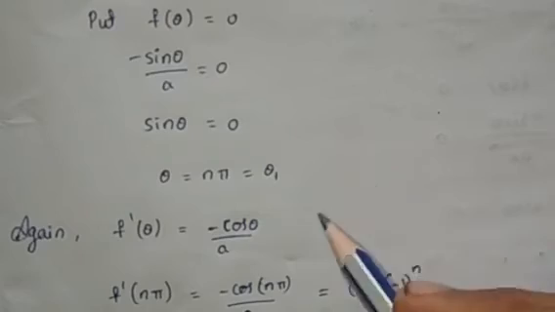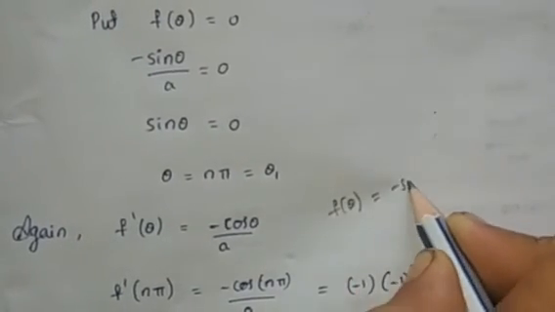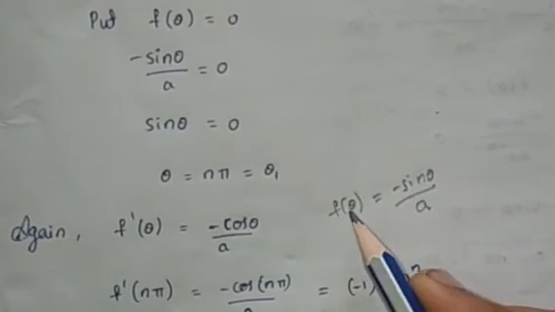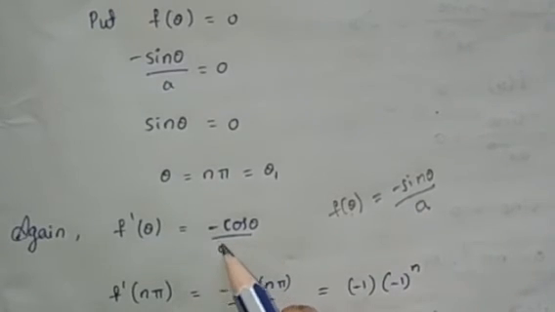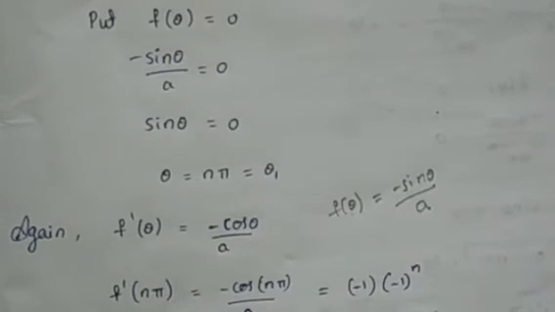Then again f dash of theta. F of theta value is minus sin theta by a. Differentiation of f of theta means f dash of theta, which is equal to minus 1 by a, constant as it is, I will write it like that. Sin theta differentiation is cos theta.